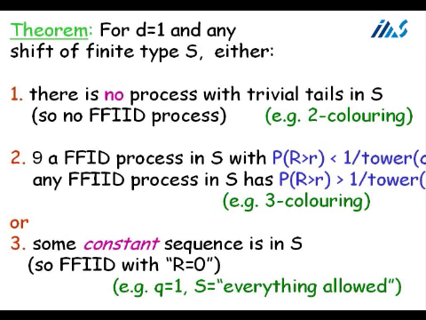Or there's a finitary factor of an IID process, which is a valid configuration that has power law correlations, and there's no FFIID that has better than power law correlations. The fourth possibility is that you have tower law tails. I'm sorry, that's the second possibility. The third possibility is that you essentially have 0 coding radius, so that all configurations are allowed.